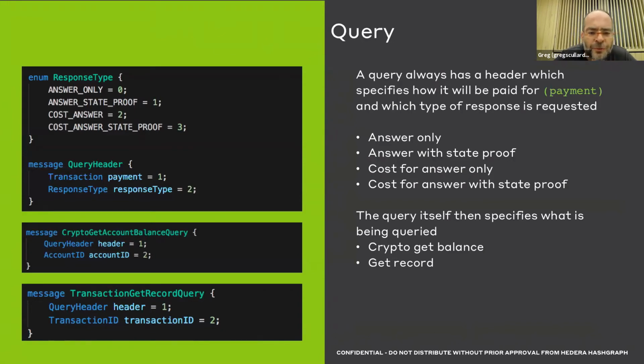So I could do a query called get info on the file with a state proof, and the response I will get from the network will be all the file details associated with a proof of that file existing on the network with the properties of size and so on and so forth. And there will be tools available to decode the state proof to prove that it indeed came from Hedera Hashgraph. So that's as good as bulletproof when it comes to proving something has happened or does exist on the network.